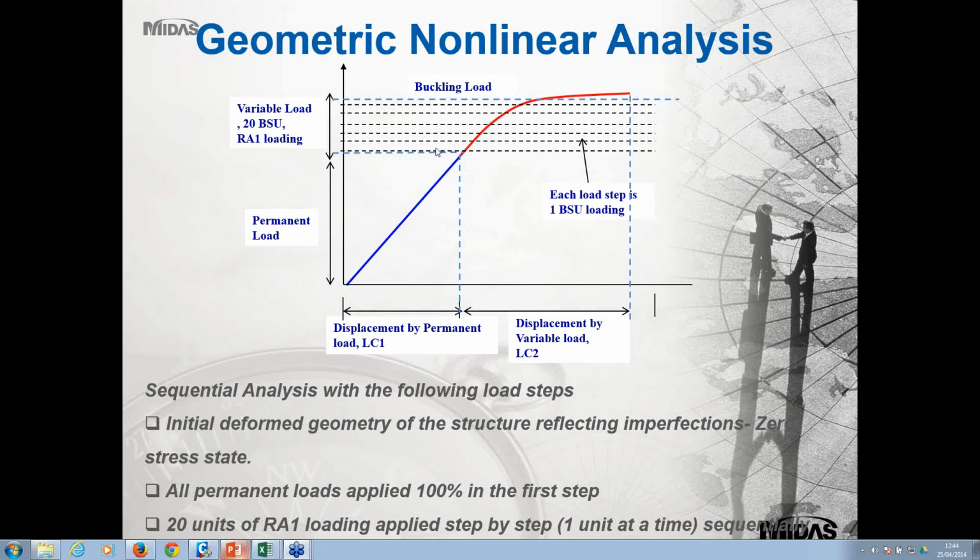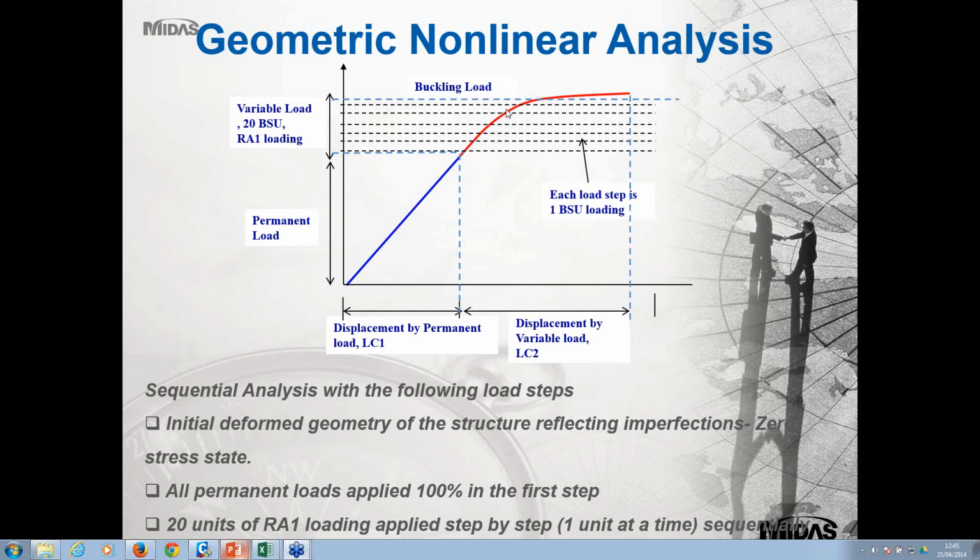So finally, when we reach, say, this particular point here, the dashed lines, we start applying the RA1 loading, or the assessment loading, and that assessment loading is applied in 20 different steps, so that we get the deformations for each step of loading, and each step of loading represents 1 BSU. From this curve, we can see a certain curvature here, so we can assume that it reaches the final strength of the bridge, the buckling load.